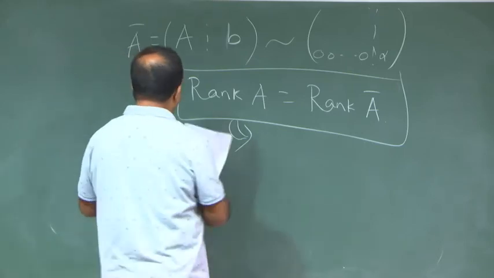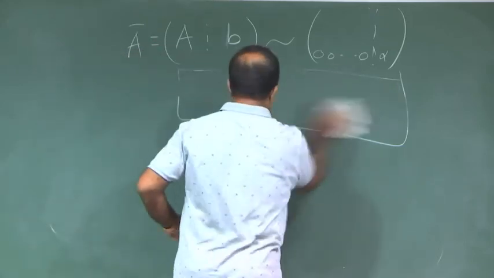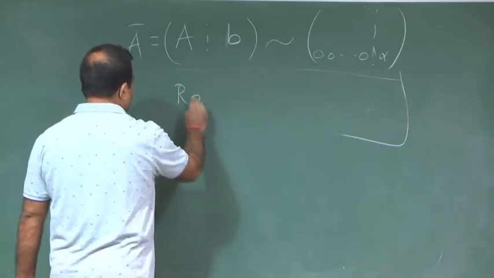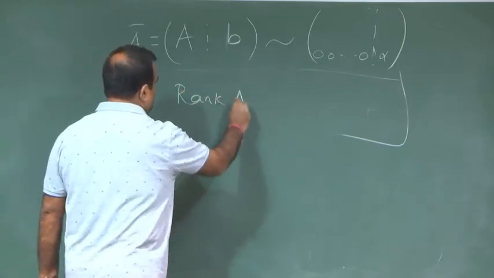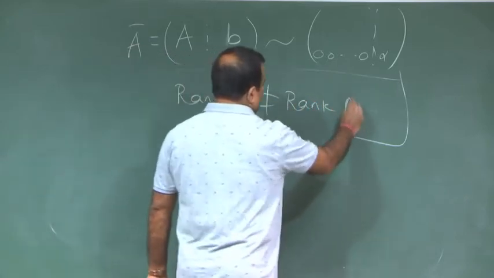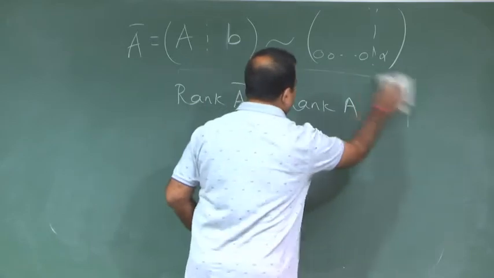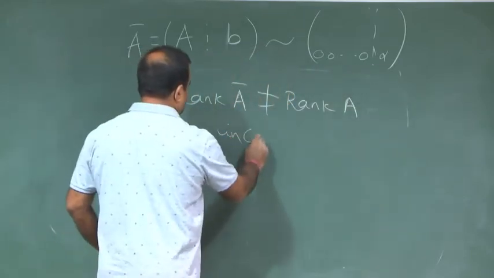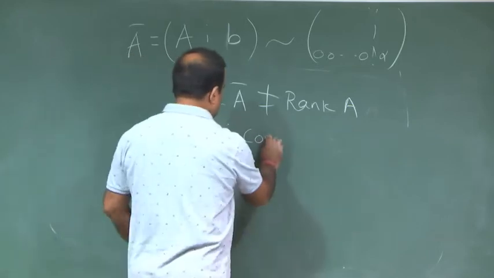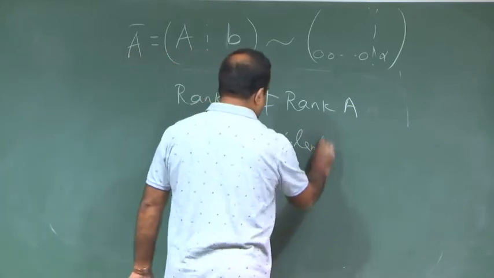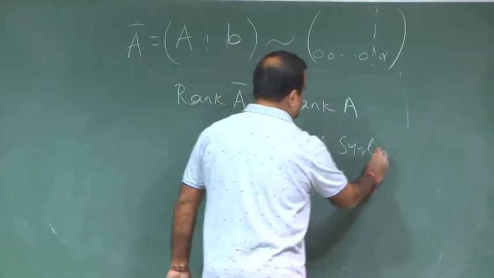So, just to recap: if the rank of A is not the same as the rank of the augmented matrix, then we call this an inconsistent system.